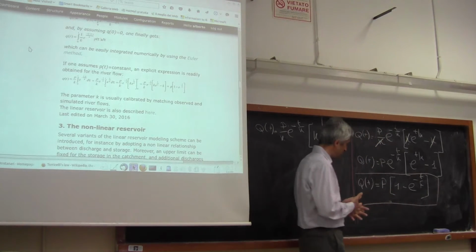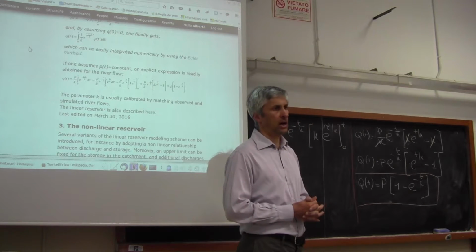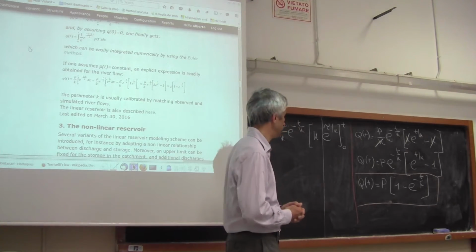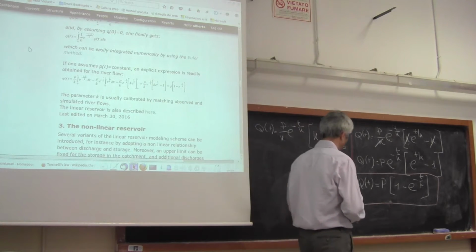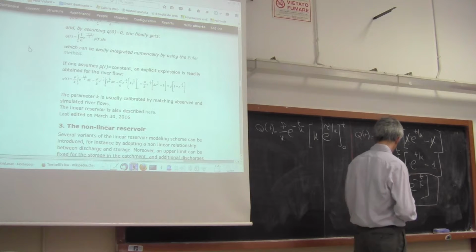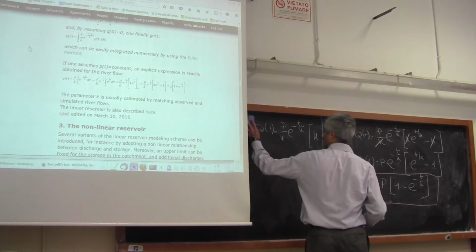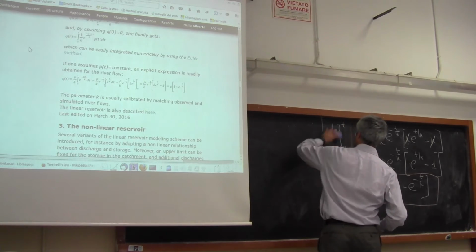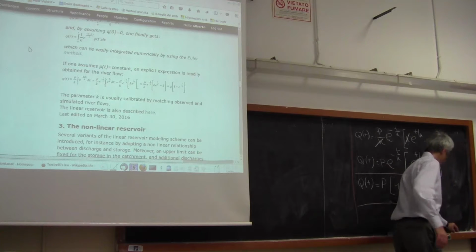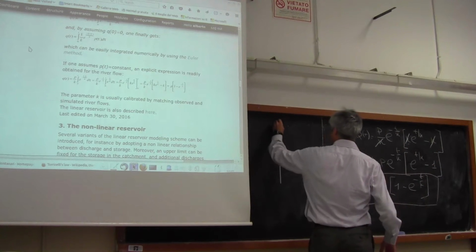And it's interesting to see how the hydrograph looks like. So let's try to depict this function.